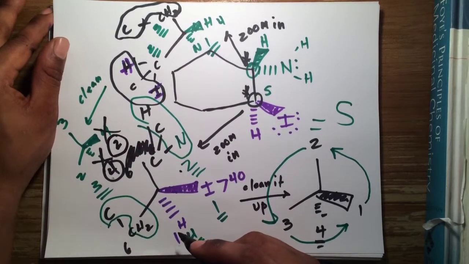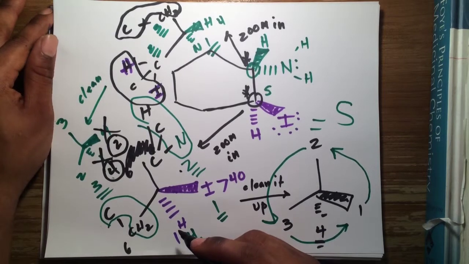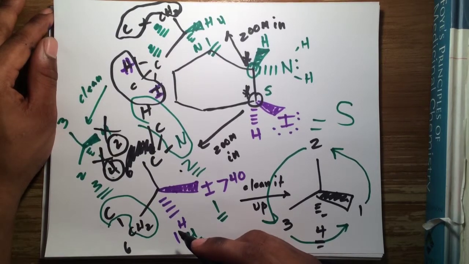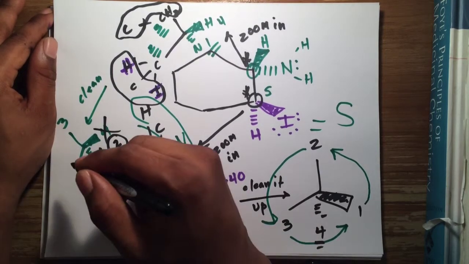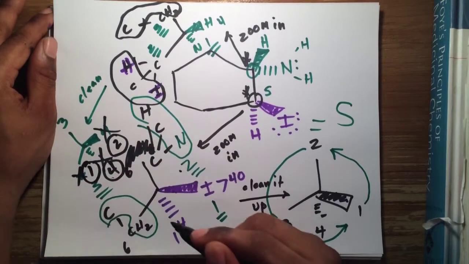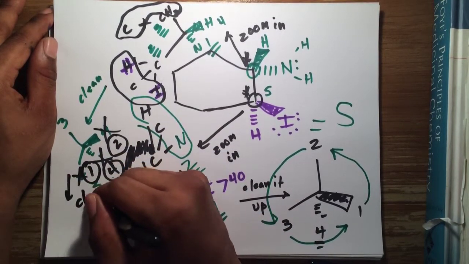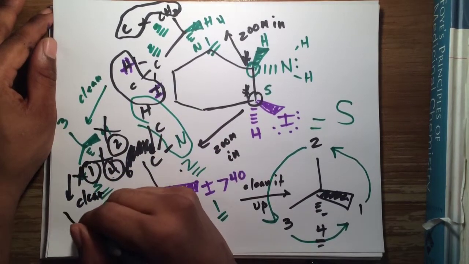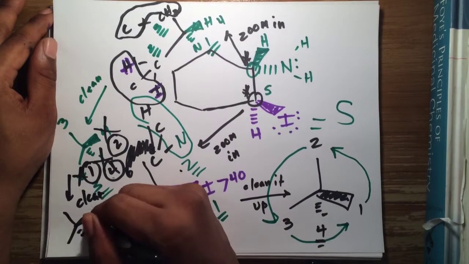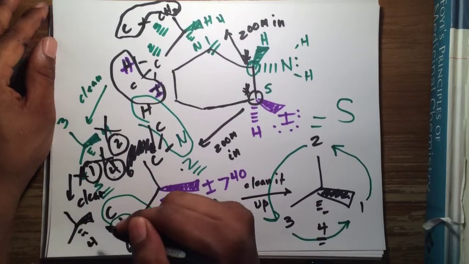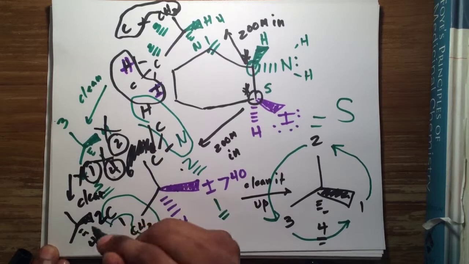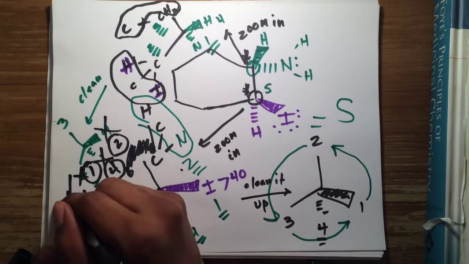By process of elimination, there's only one possible spot for the 1, and that's right there. Now we clean one more time because it got messy again, and we get a structure where the 4 is in the back, the 2 is there, the 1 is there, and the 3 is on top.